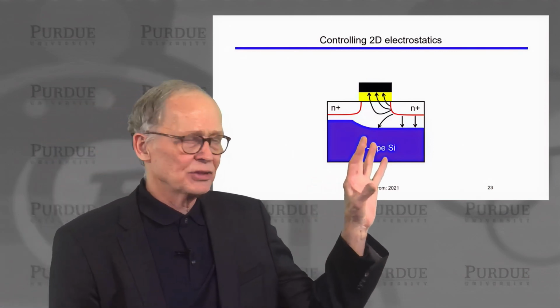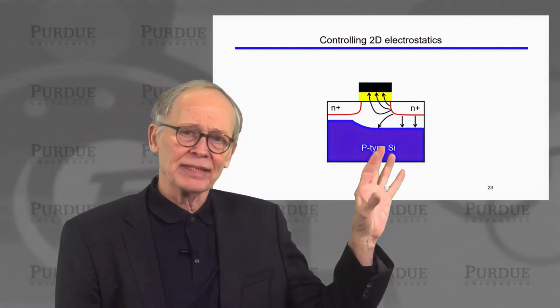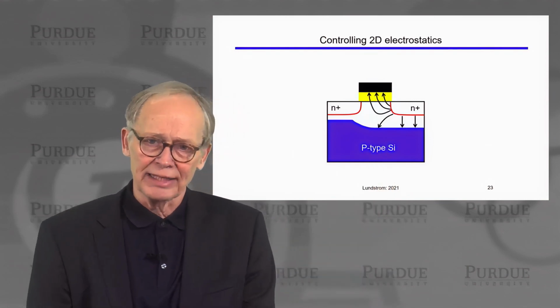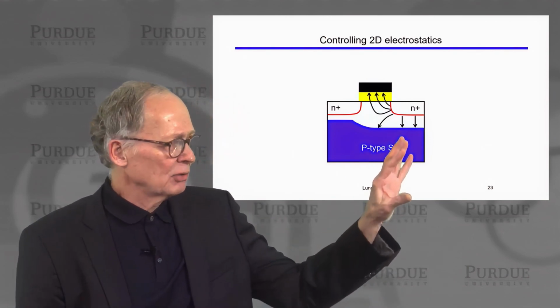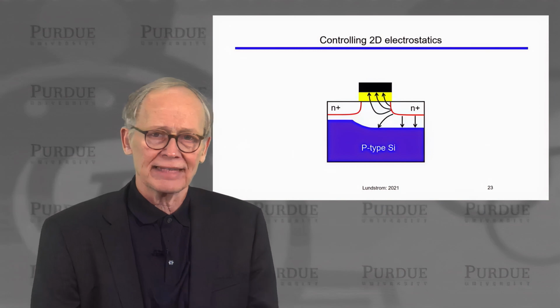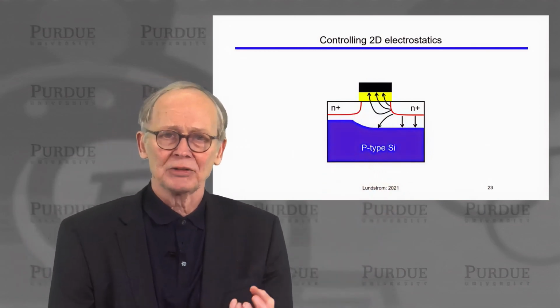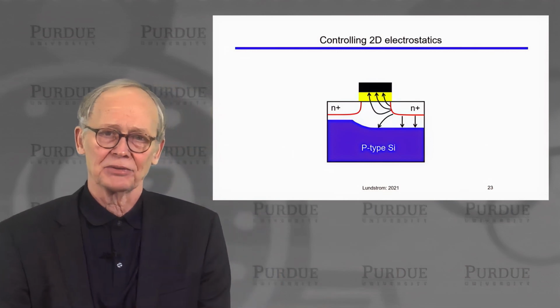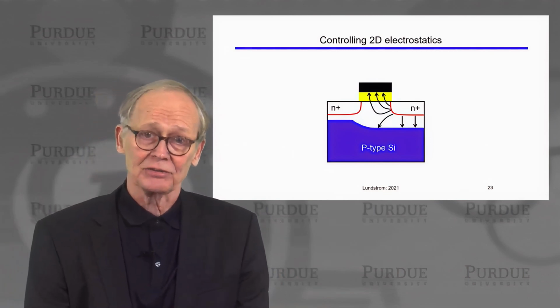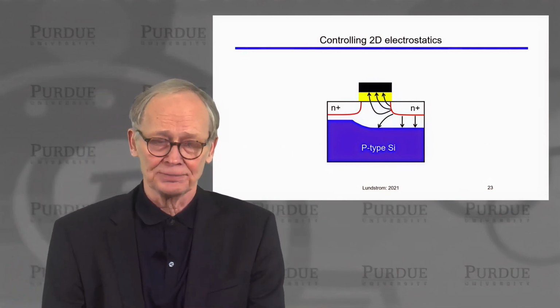We would like to make sure that the electric field lines that emanate from the positive voltage on the drain terminate in the bulk or on the metal electrode and the gate, and do not reach through all the way to the source, pull down the barrier and pull electrons out of the source. When that happens, it's catastrophic. The device has punched through.